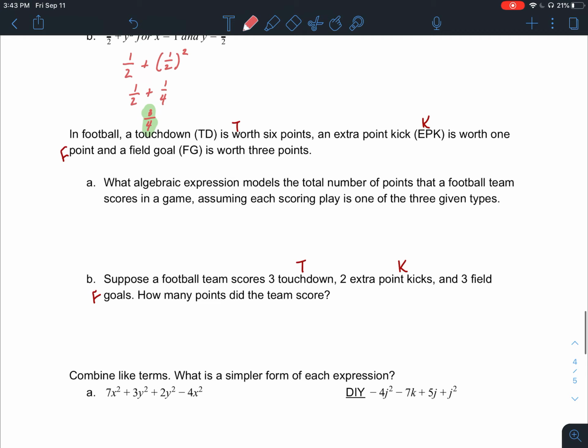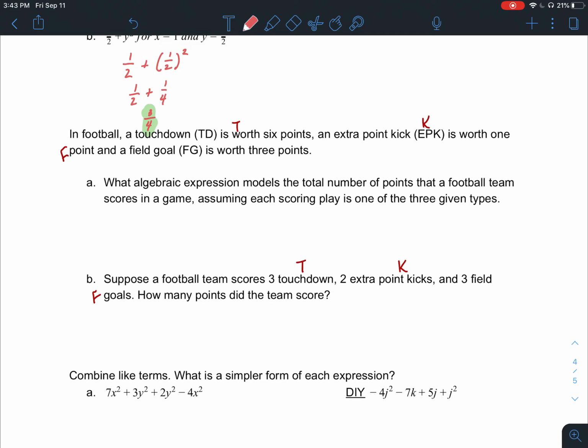Next, we have a word problem. It says, in football, a touchdown, T, is worth 6 points, an extra point kick, K, is worth 1 point, and a field goal, F, is worth 3 points. Write an algebraic expression that models the total number of points that a football team scores in a game, assuming each scoring play is one of the 3 given types.